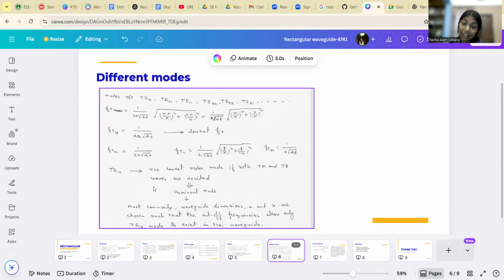So this mode is considered the dominant mode. And here is a point to be noted: a phrase about cutoff frequency that is mentioned will be considered later.